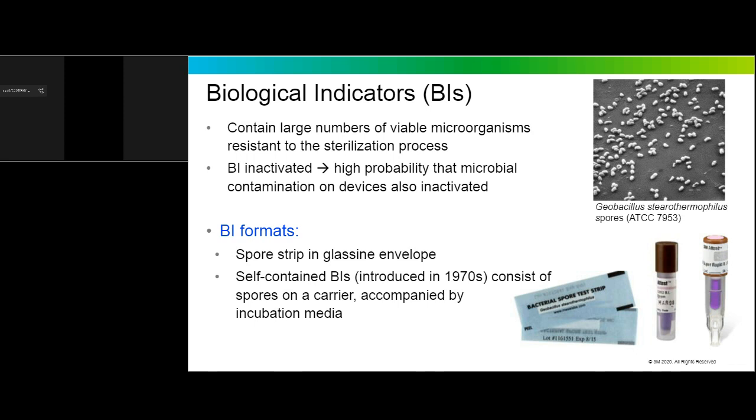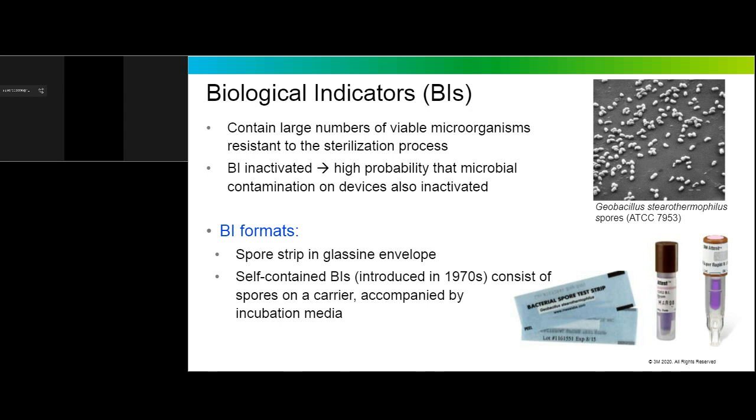They're available in several formats. Some of you working in clinics might be familiar with the glassine envelope that has a paper strip coated with spores. Those of you working in hospitals, and probably most clinics and ASCs, are more familiar with the self-contained biological indicator format.